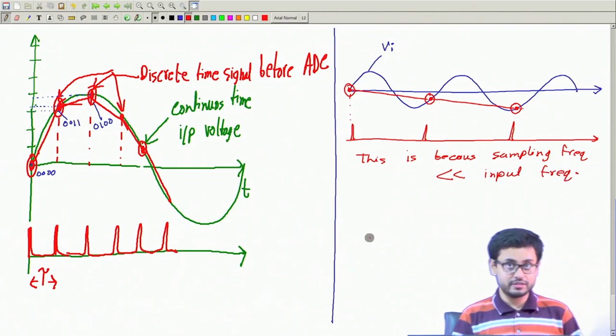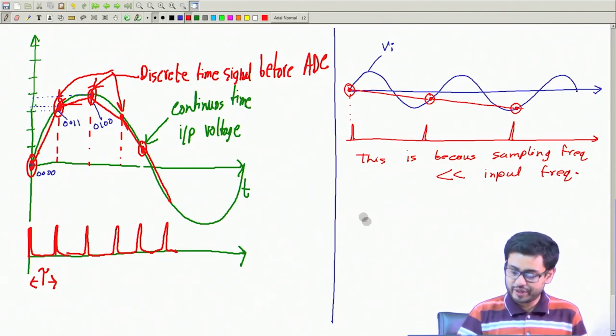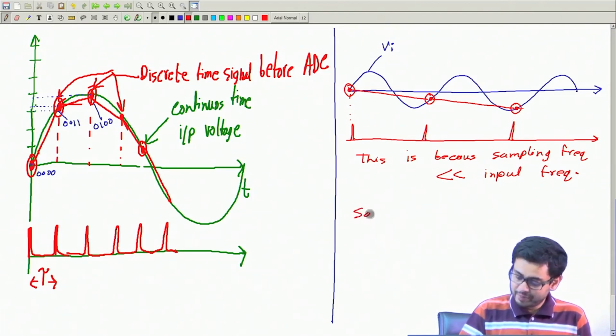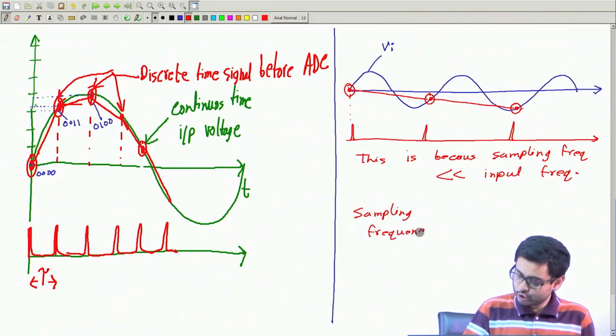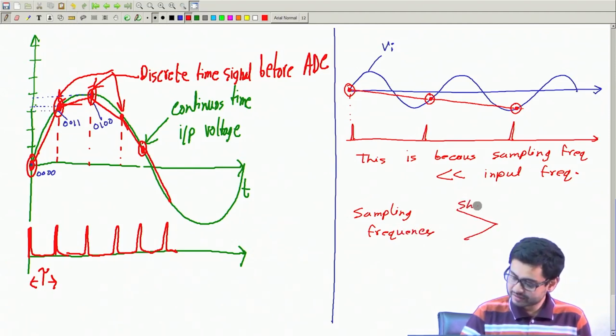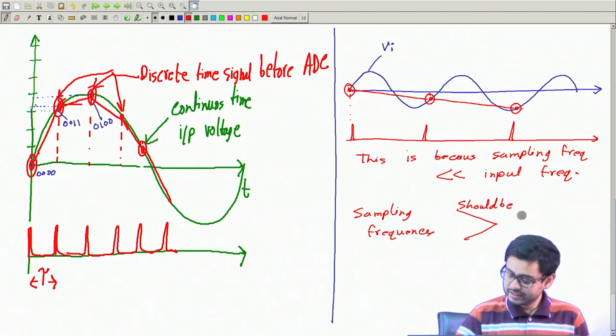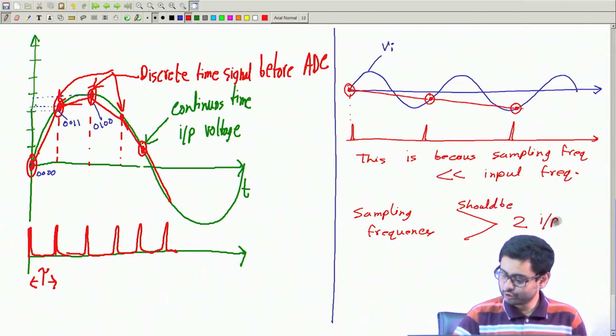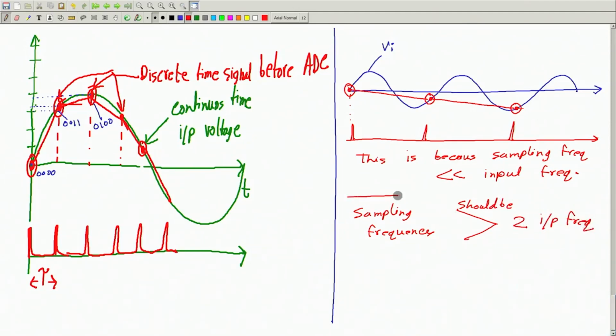There is a theorem called the Nyquist sampling theorem, which says the sampling frequency should be greater than 2 times the input frequency. If you sample the signal with a frequency twice or more higher than the input frequency, then you will get a proper shape of the input signal.